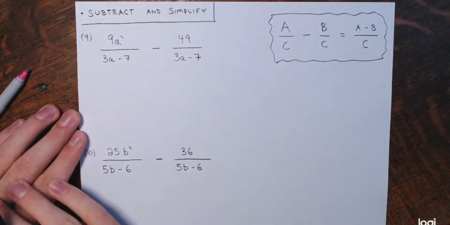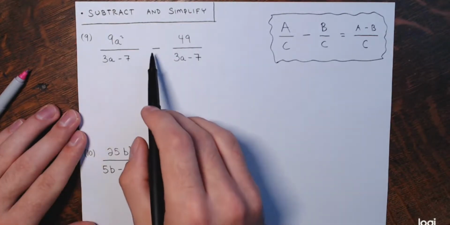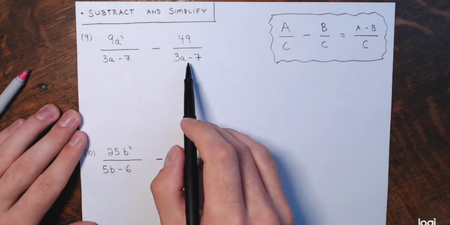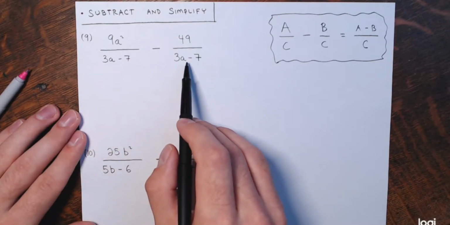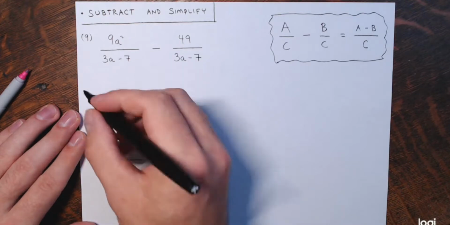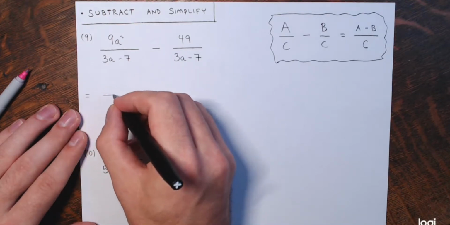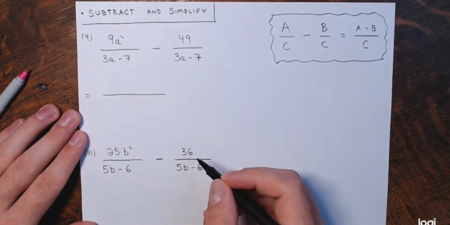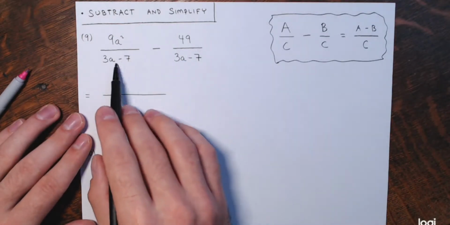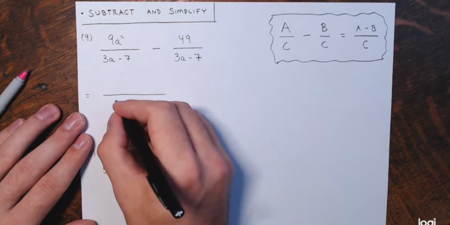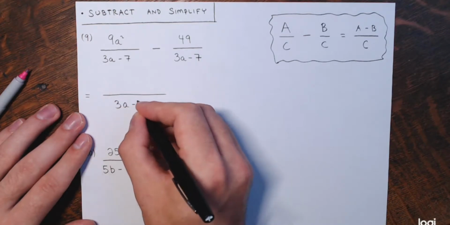Alright, so same deal. Got a fraction minus another fraction. These two fractions already have the same denominator, 3a minus 7. That means I can put these together and take the difference, and that common denominator, 3a minus 7, will be the denominator of the difference.